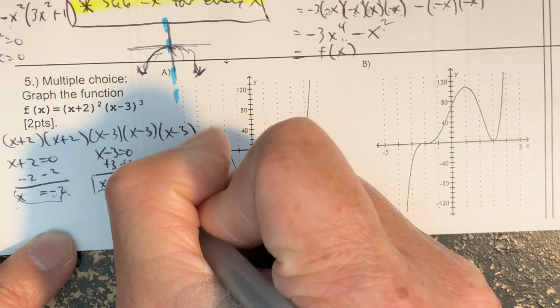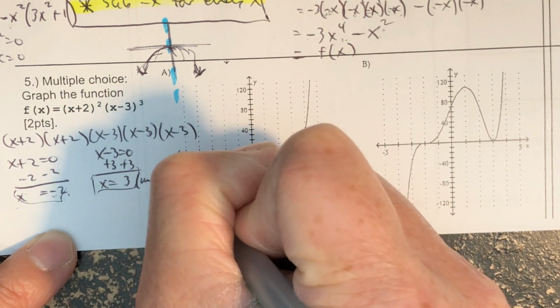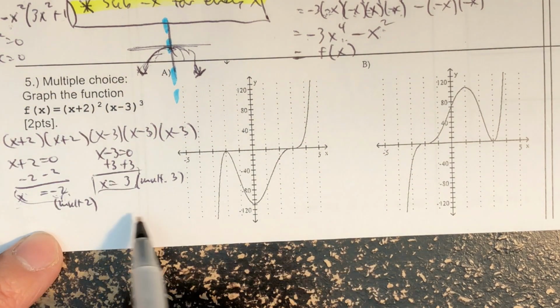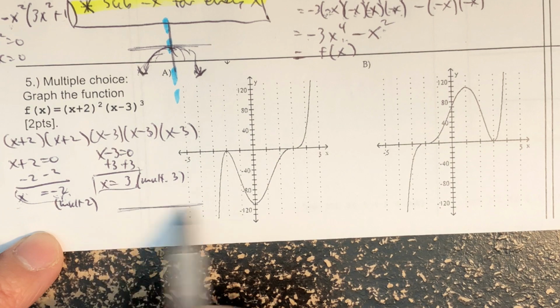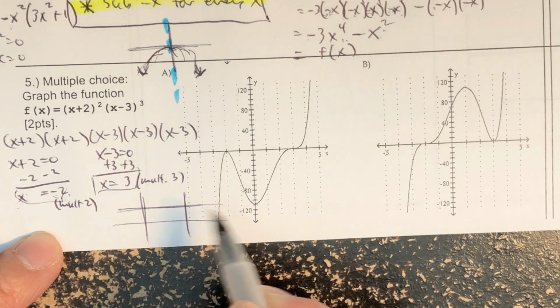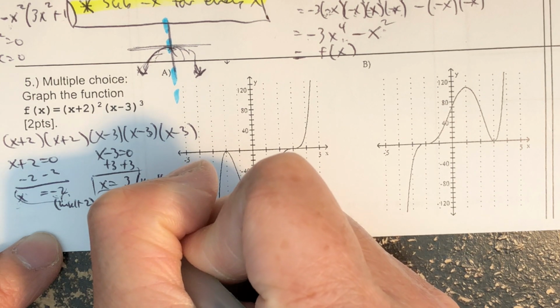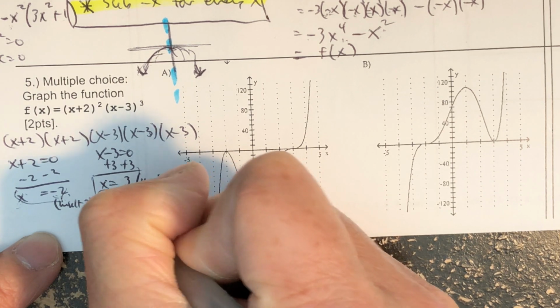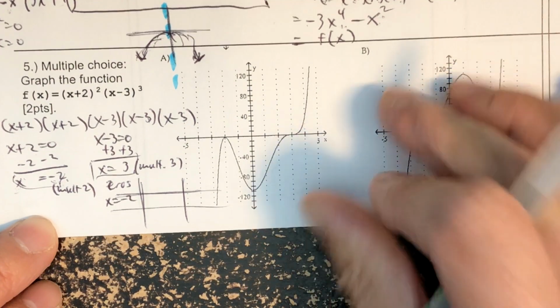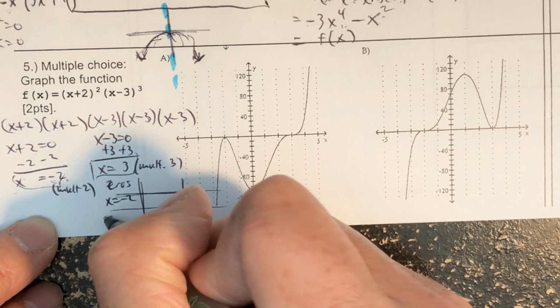And so a lot of times, sometimes you'll see the word multiplicity of 3, multiplicity of 2, which we've talked about in class. And so you can make a chart. I like to make this little chart here. You don't have to, but it helps. I have the zeros, x equals -2 and x equals 3.